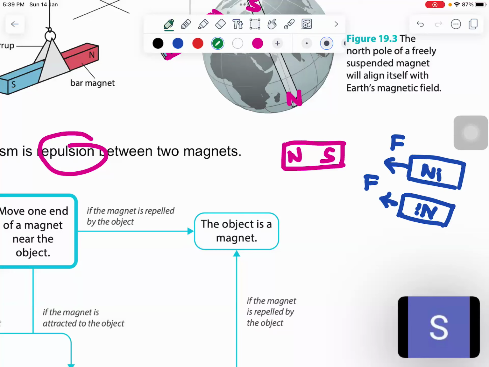But if I were to place another magnet, it will be attracted in this configuration. But if I were to reverse it, it will get repelled. And that's the only way to test whether the object is a magnet or a magnetic material.